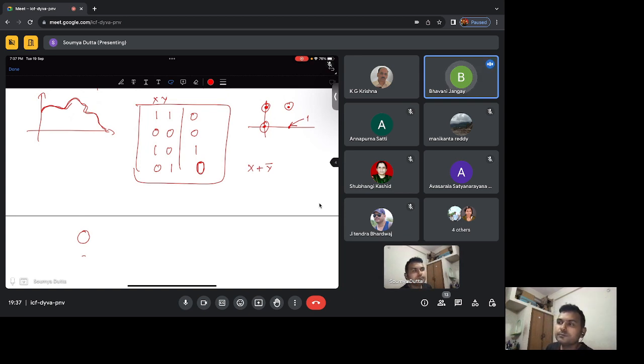So logistic threshold unit means they can do a logistic regression. First of all, you need to plot this. You can see my plot here. This is 1 1, this is 0 0, this is 0 1, and this is 1 0. So you can always learn this classifier.